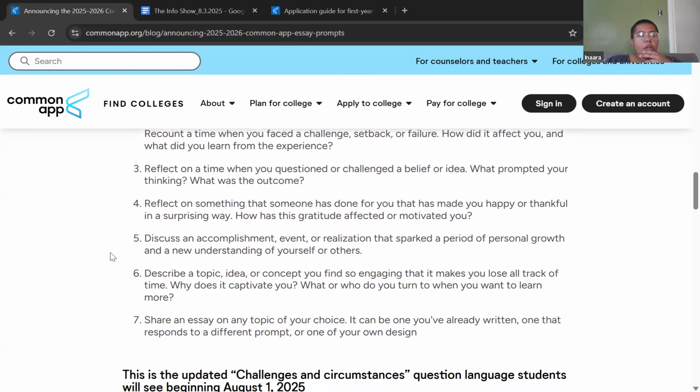The next one. Reflect on a time when you questioned or challenged a belief or idea. What prompted your thinking? What was the outcome? See, this is a great prompt to highlight the point that not every institution, given its history, will have the same reception to challenging ideas.